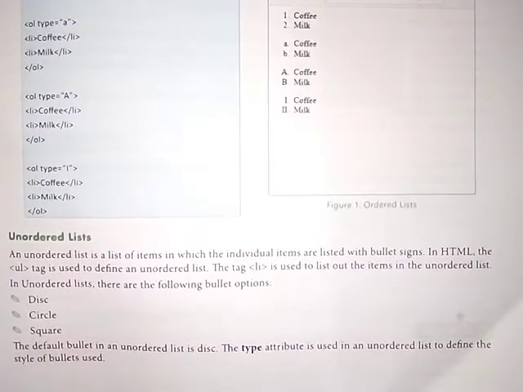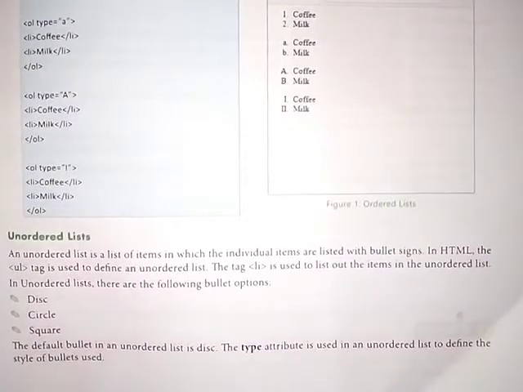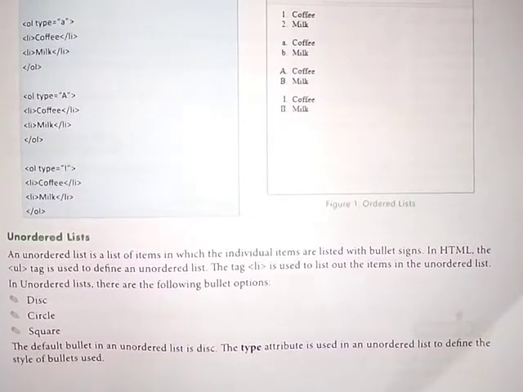Unordered lists. An unordered list is a list of items in which the individual items are listed with bullet signs. In HTML, the UL tag is used to define an unordered list. The tag LI is used to list out the items in the unordered list.